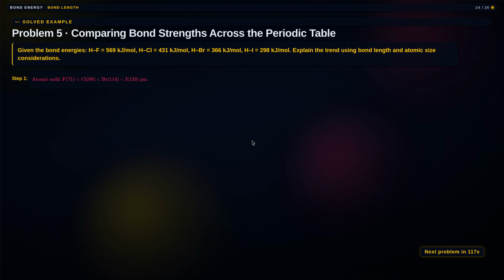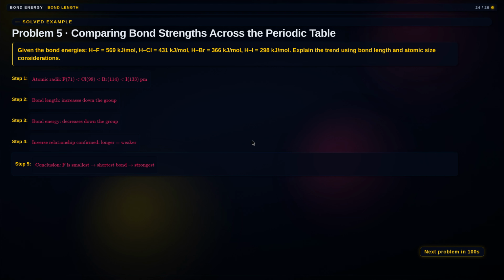Problem 5. Comparing bond strengths across the periodic table. The hydrogen-halogen bond energies decrease from fluorine to iodine. Let's explain this using atomic size. First, atomic radii increase down group 17. Fluorine is the smallest at 71 picometers, while iodine is the largest at 133.